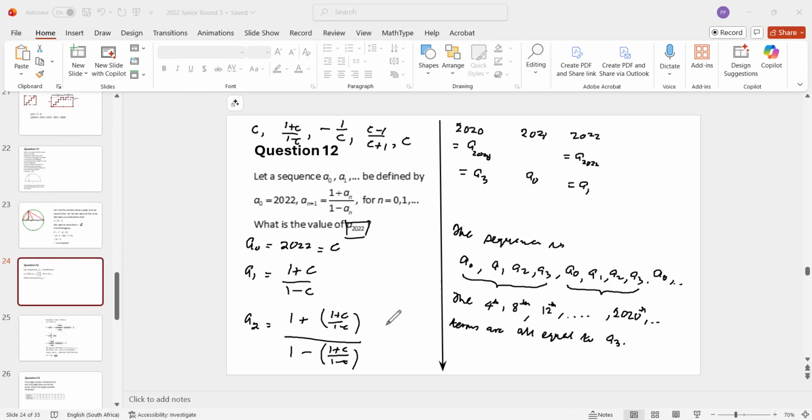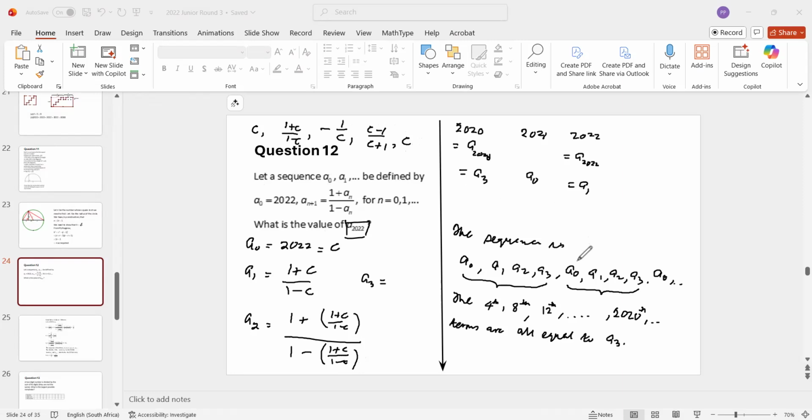A3 was A0, A1, A2. A3 was C, isn't it? No, A0, A1, A2 is minus 1 over C. This is A3. And A4 was the same as A0.